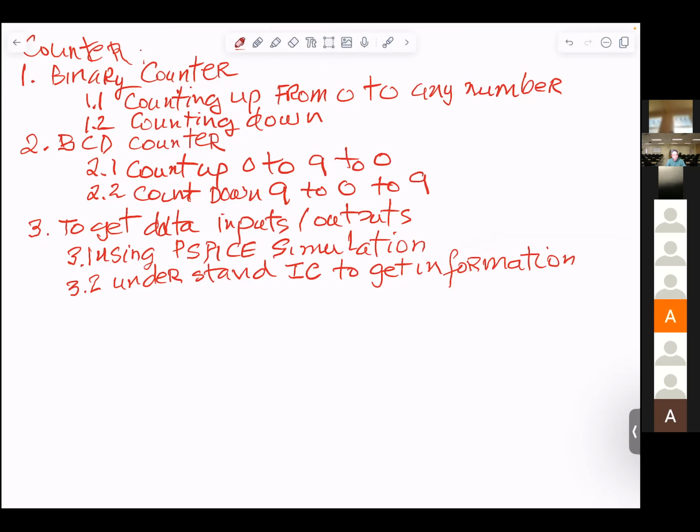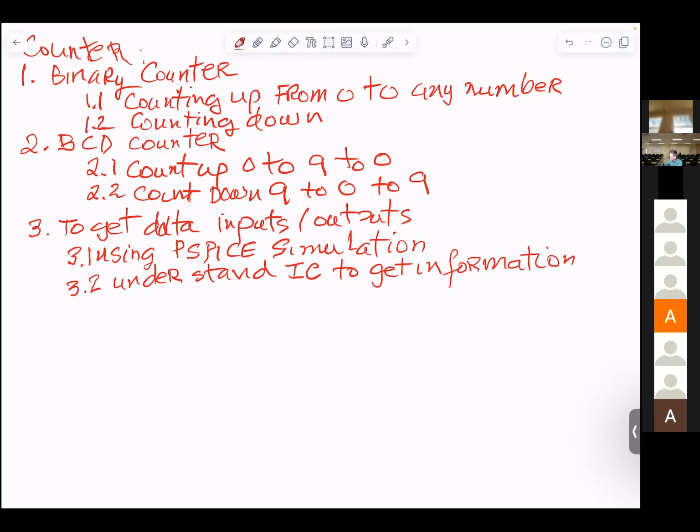If you want to build flip-flops that count 0 to 3, how many flip-flops? Two. Perfect. And if you want to count from 0 to 16, how many flip-flops? 5? Okay, now 4. Perfect.